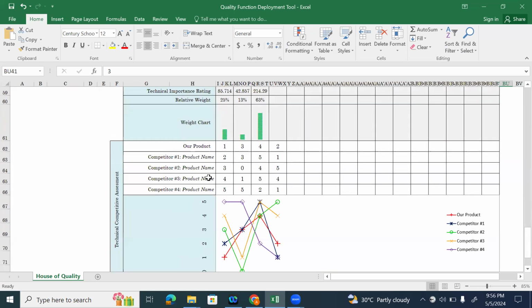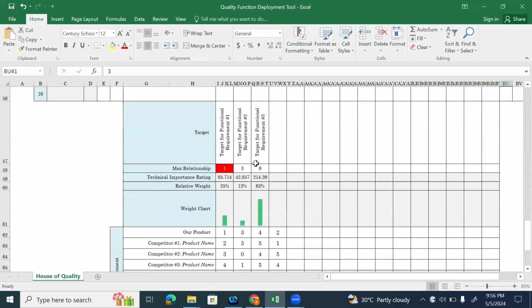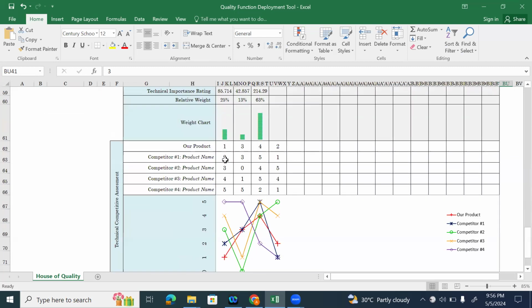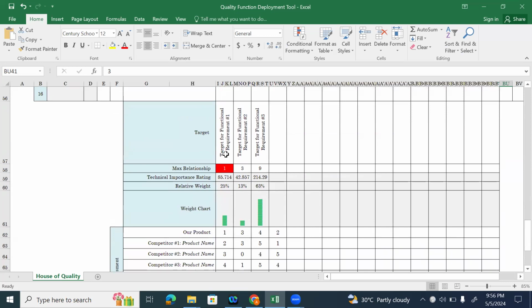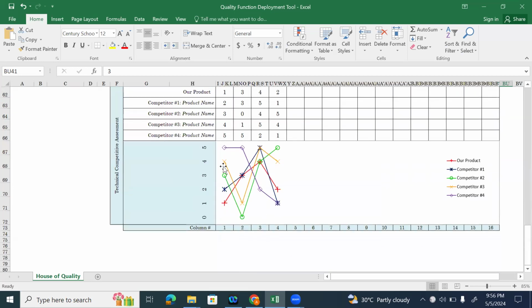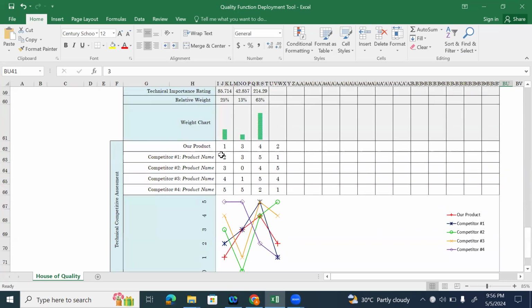And again, here also we are comparing our product with the other competitors. Say, for example, for achieving the target for a functional requirement, out of 5 scale, our product is having only 1. Okay.